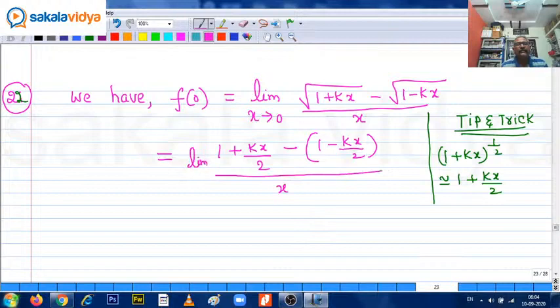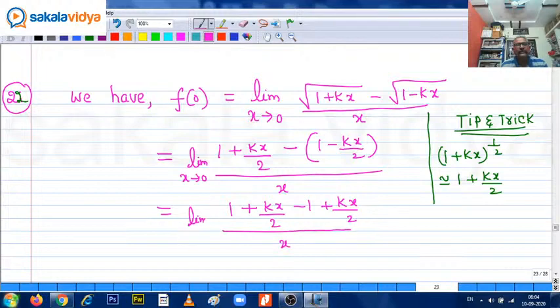Limit x tends to 0 of 1 plus kx by 2 minus 1, minus into minus plus kx by 2, upon x. So plus 1 minus 1 cancel. kx by 2 plus kx by 2, 2kx by 2, that will be kx.